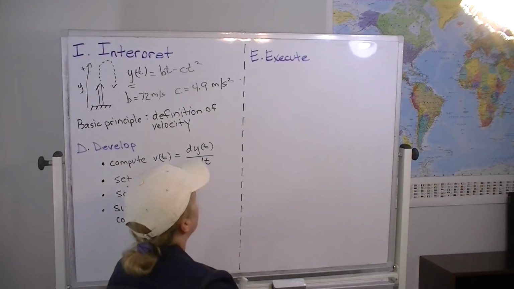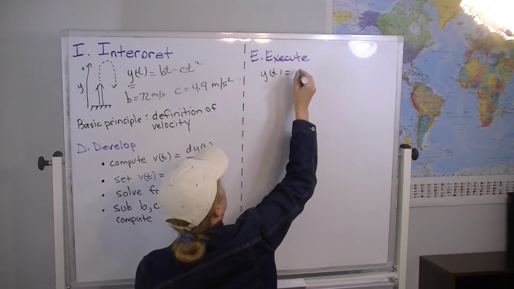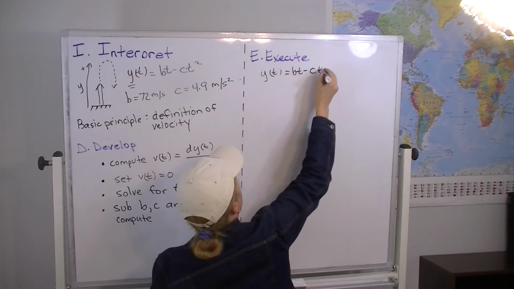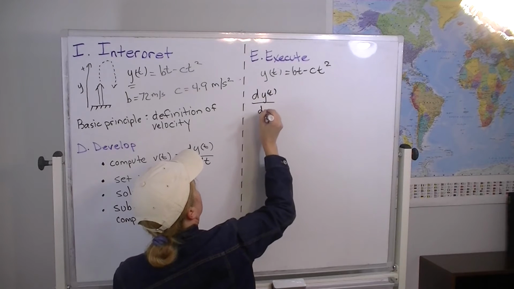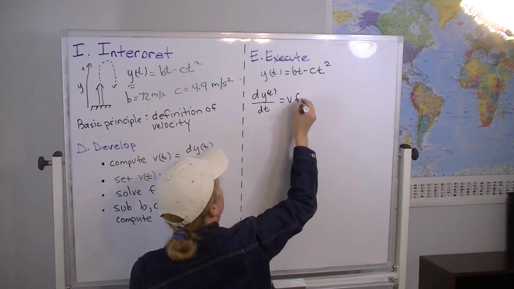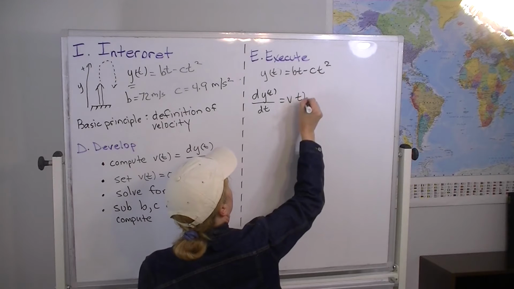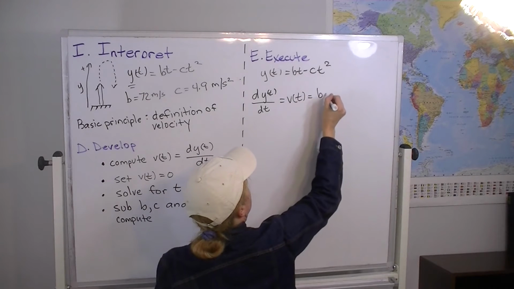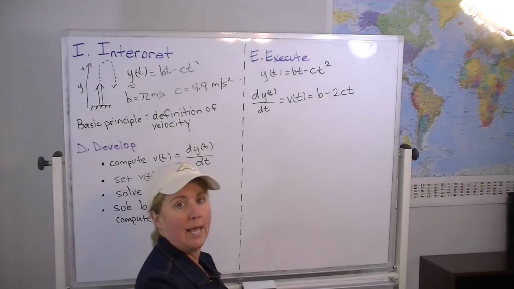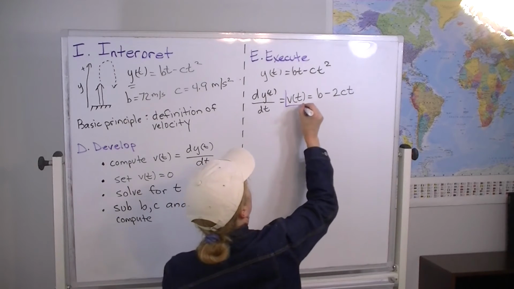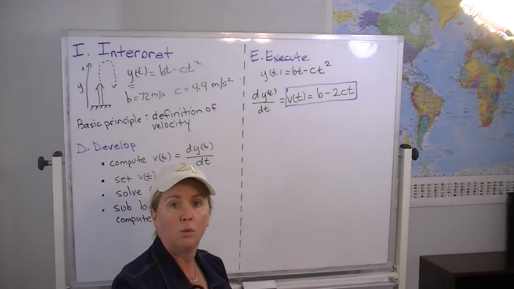Okay, so we'll start again with our relationship. y of t equals bt minus ct squared. The derivative of y of t with respect to time is the definition of velocity with respect to time. And that's going to be equal to b minus 2ct. So this is our answer to part A as was requested. All right, so part B asks, at what time does that velocity equal 0?